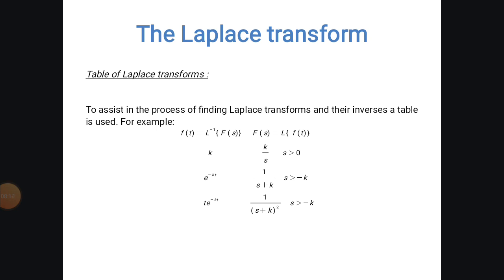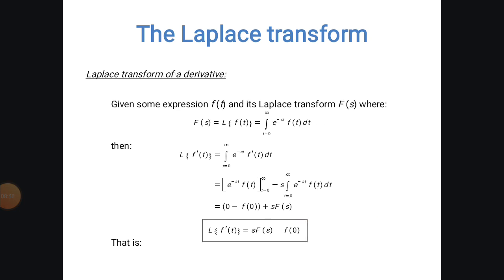What we do in case we multiply by t is we use one formula, minus d by ds of F of s. We'll see it later. But if we use the definition of Laplace transform and solve this t into e raised to minus kt, we get 1 upon (s plus k) squared, and the condition is s should be greater than minus k.